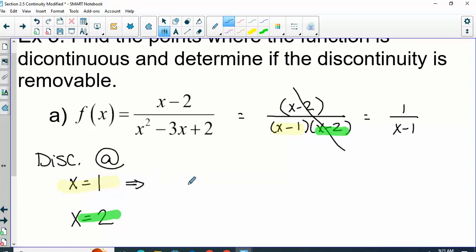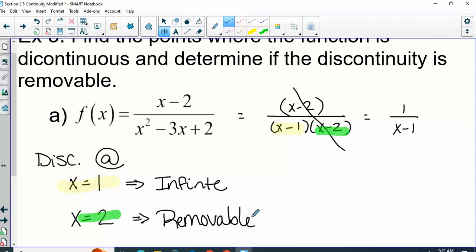So what kind of discontinuity is it? If it does cancel, that means when I graph it, I get a hole in my graph. So that is a removable. So when something cancels, we have a removable discontinuity.